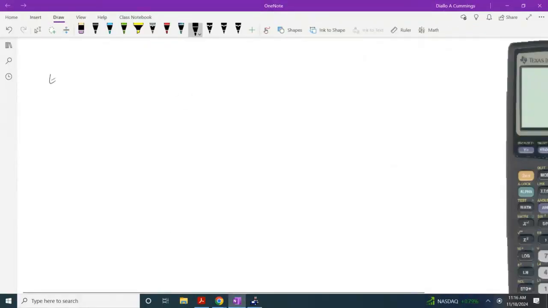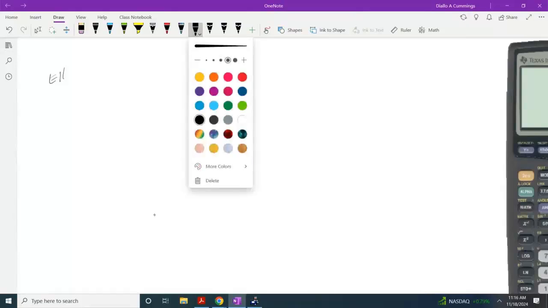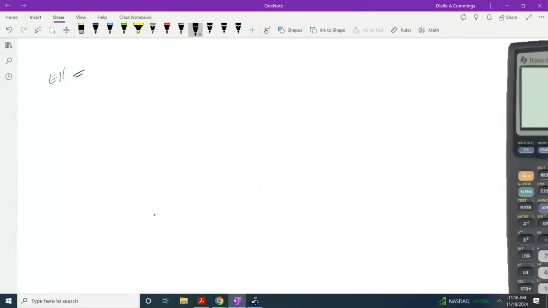First, this is for an ellipse. And I'm going to make this a tad darker. All right, so the first set of formulas we're going to take a look at are for the ellipse with a horizontal axis centered at the origin.